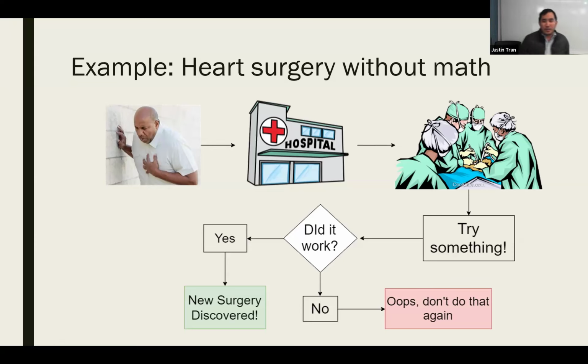So if you don't have mathematical modeling, you basically are doing what I call a trial and error type approach, where you try something, it doesn't work, then you try again. And for industries where it's either very expensive financially or very expensive in terms of the cost of life, this is not an acceptable result. Okay?